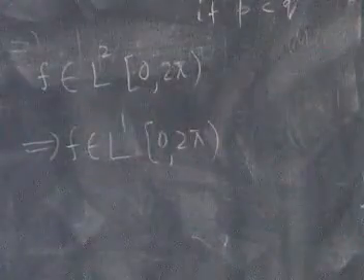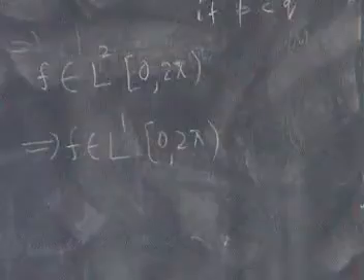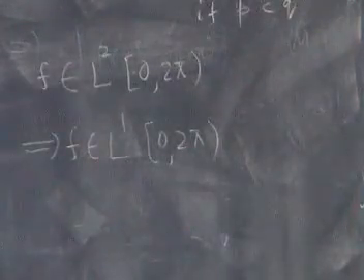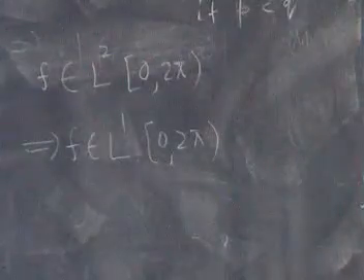Suppose mu of omega is infinity. Let's take for example omega to be 1 to infinity, infinite measure, the Lebesgue measure. The measure required is the Lebesgue measure.